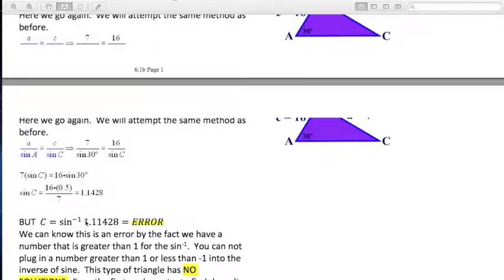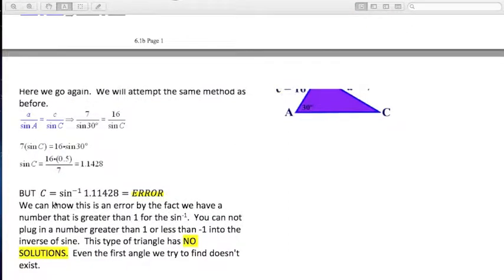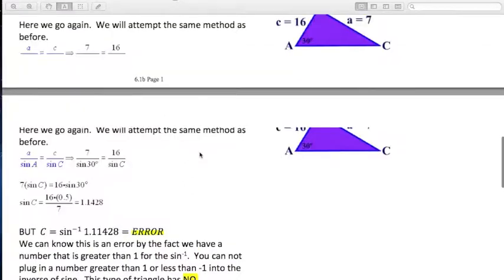Because we can never have a number bigger than 1 or less than -1 inside sine inverse. So when I got sine of C equals a number bigger than 1, I automatically knew that there was going to be no solution. Even if you forget that, when you do sine inverse of that number, it's going to give you an error because it's not possible. So this is the kind of triangle where there is actually no solution.